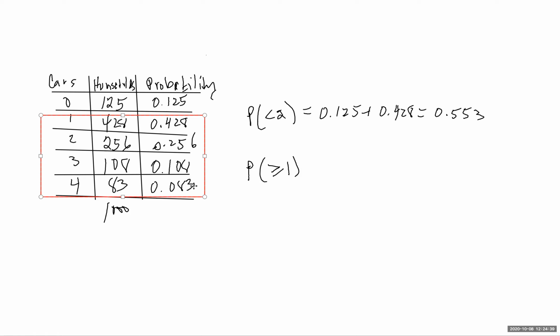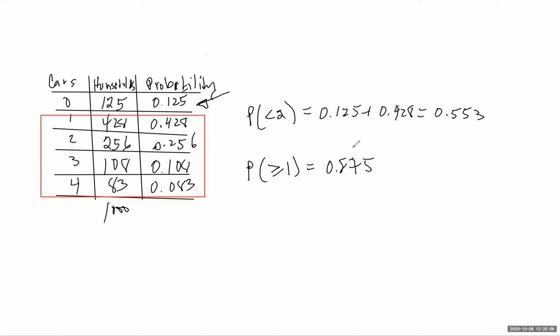Now, if we add up all these numbers, we see that there's only one number that's not included. Since they all add up to 1, it's a little quicker to subtract the 0.125 from 1 and get 0.875. So the probability of having at least 1 car is 0.875.